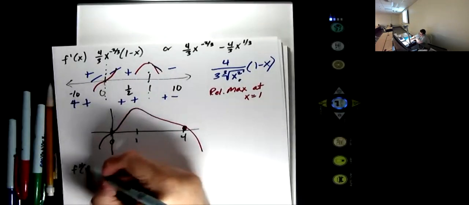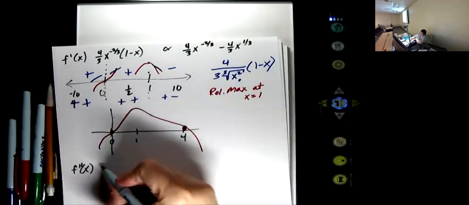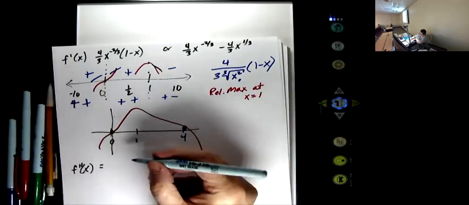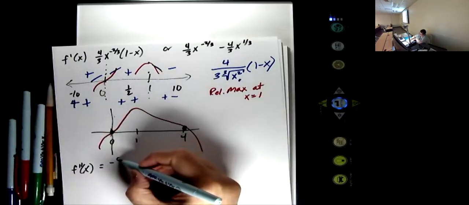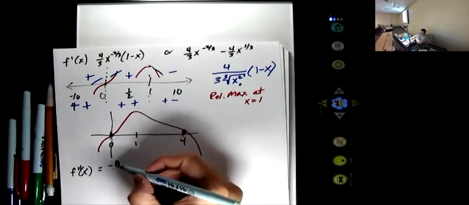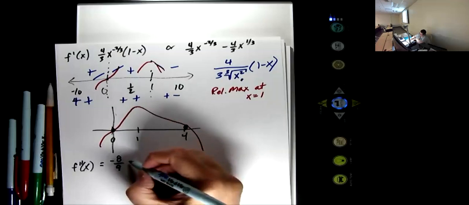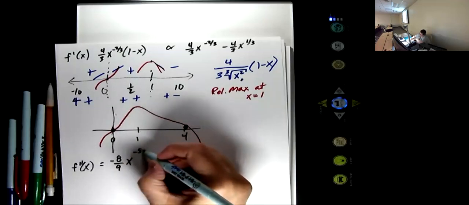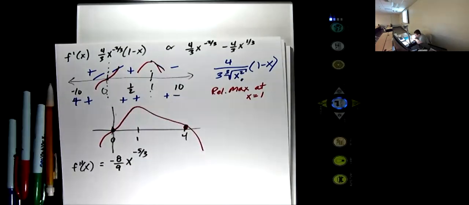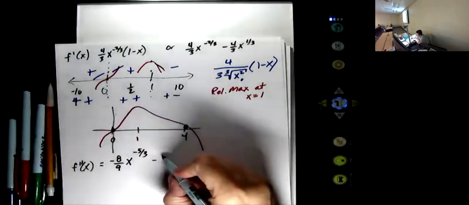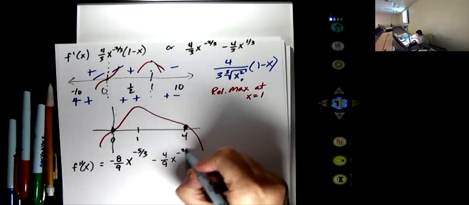F double prime of x. We bring down the -2/3 and we've got -2/3 times 4/3 is -8/9, x to the -5/3. And I bring down the 1/3 there, I've got -4/9, x to the -2/3.